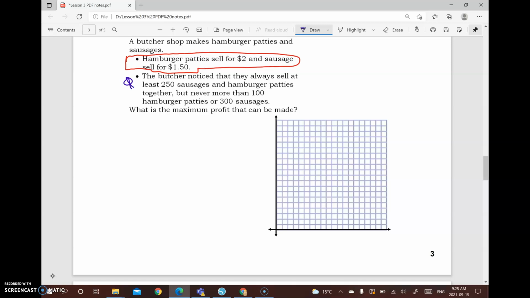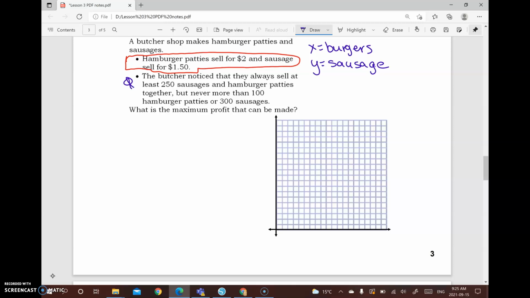So first off, we want to label who X will be and who Y will be. So I'm going to go ahead and put that X can be burgers and Y can represent sausage. Okay, I can't sell negative burgers or negative sausages, so that's why on my graph I'm only in quadrant 1. And I'm going to create some linear inequalities.